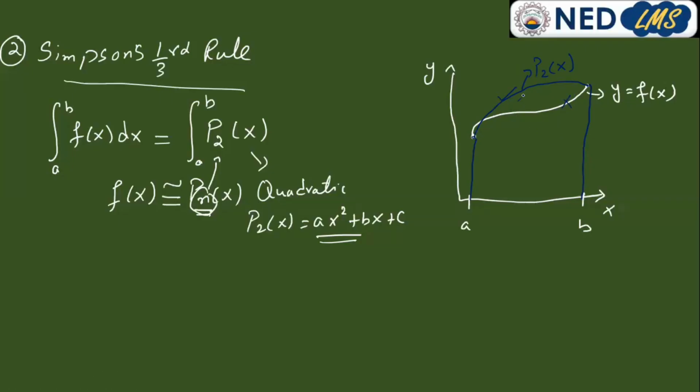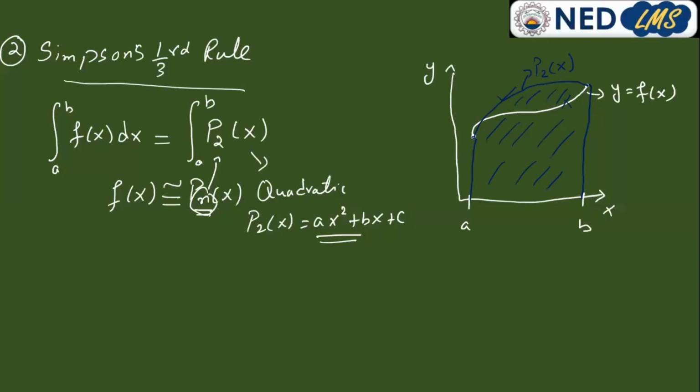If I manage to find the area beneath that curve, then that area approximately represents the area beneath the white curve, which is not exact in this case because it is a rough diagram, but that's the concept. You do not use the original integrand, you use the integrand replaced by a polynomial of certain degree. In Simpson's one third, you replace it by a polynomial of degree 2. So that's the main geometrical concept.